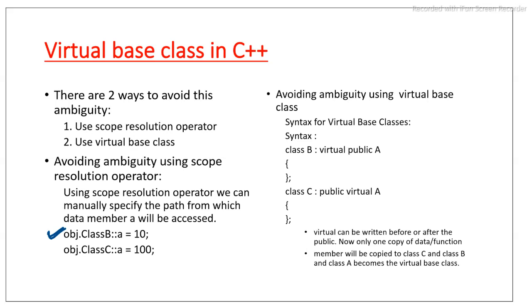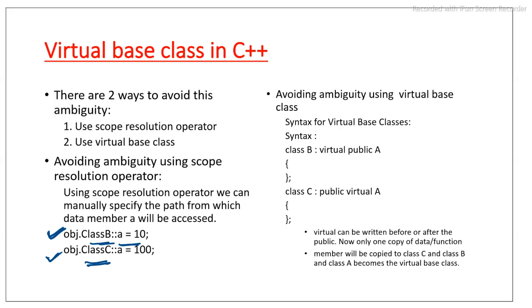Similarly, in the second statement, the value of A, which is 100, is inherited from class C, and here the value of A is inherited from class B. So by using the scope resolution operator with a particular class name, we can remove this ambiguity. Manually we can remove the ambiguity and specify the path from which the data member can be accessed.